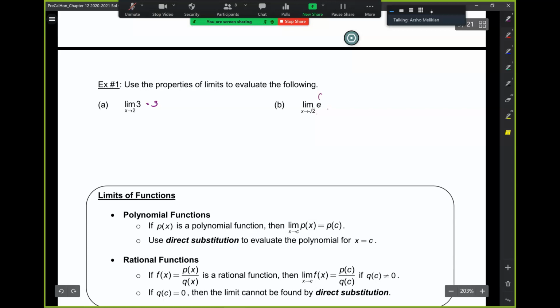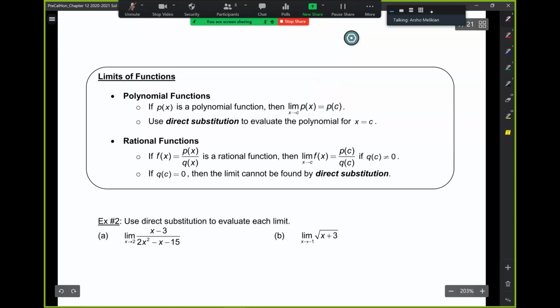What's the function here? y equals e. What does that graph look like? It's still a constant. It doesn't matter whether it's 3 or e or pi, they're still just constant. So what's the limit going to be? e. Even with the whole square root of 2, just to make it fun.